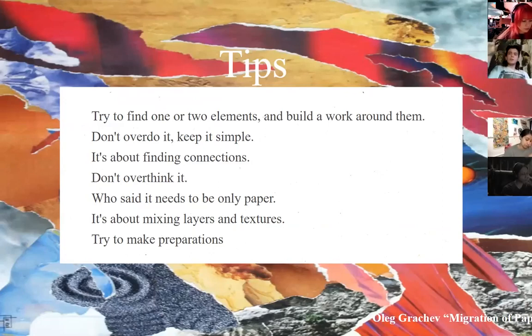Do not really stress. Really try to find a single strong image that you like, that you want to put a certain meaning in or not, and try to build around it.